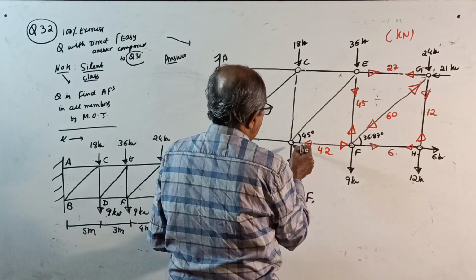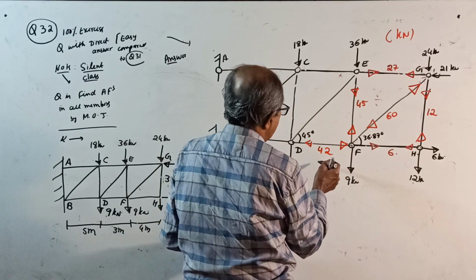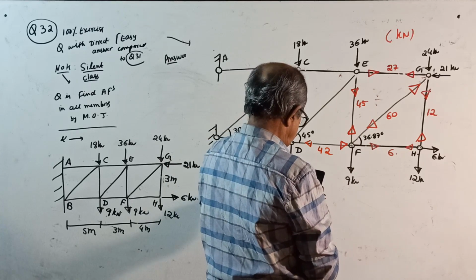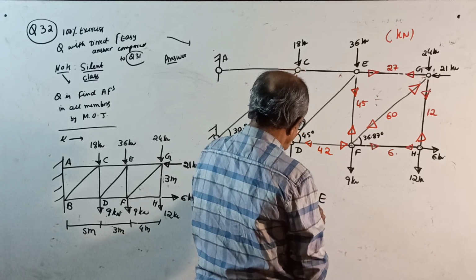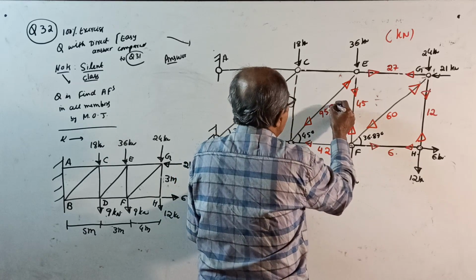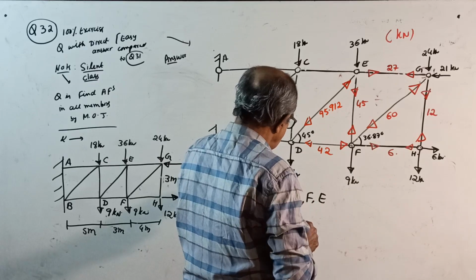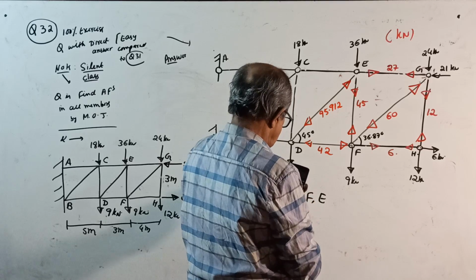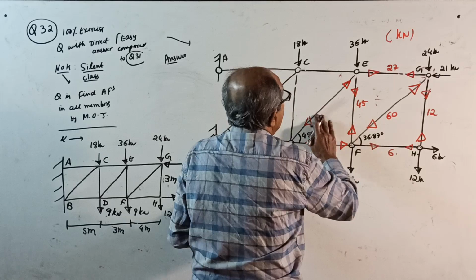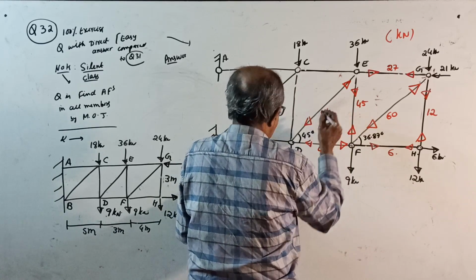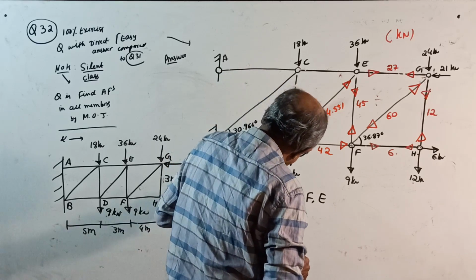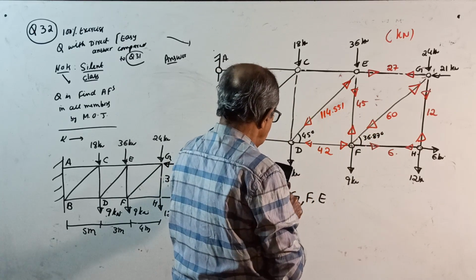After F, go to E. 45 plus 36 is 81, divided by sin 45, 114.551. 114.551 into cos 45 is 81, this way plus 27, 108 this way.